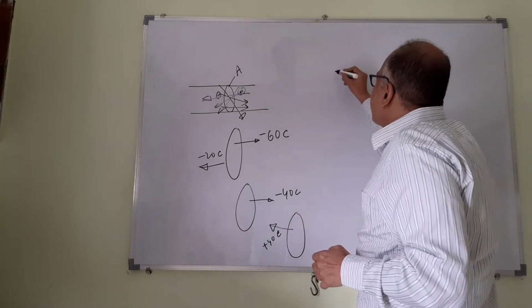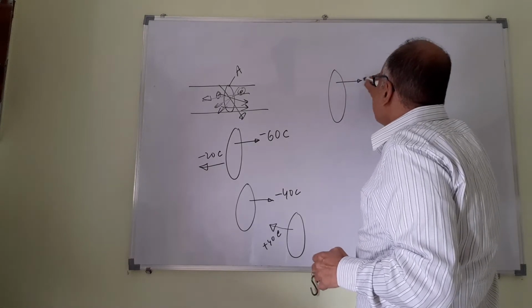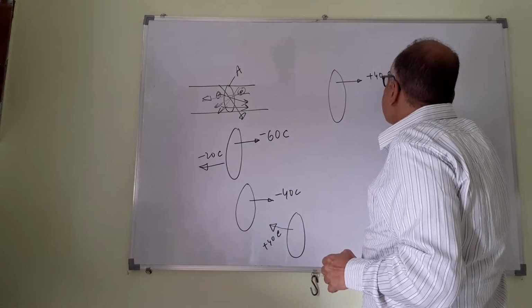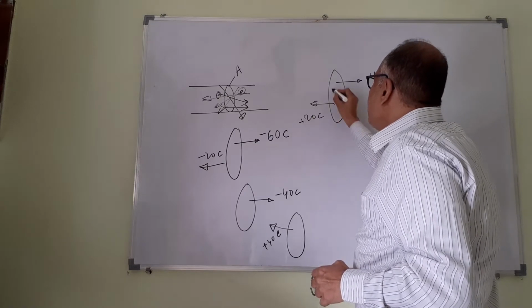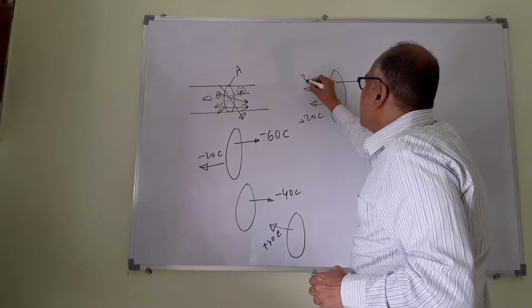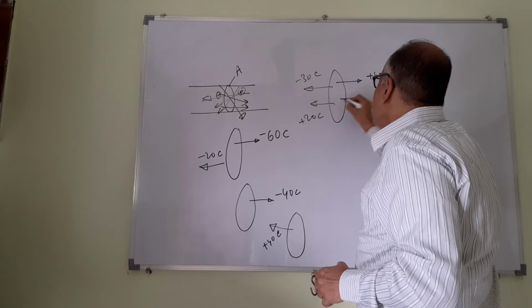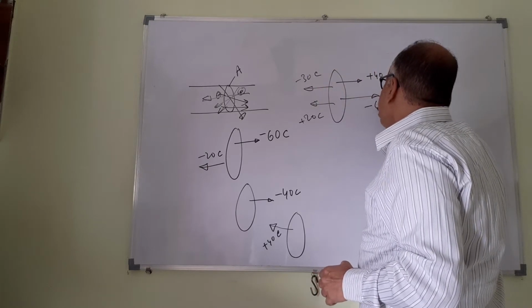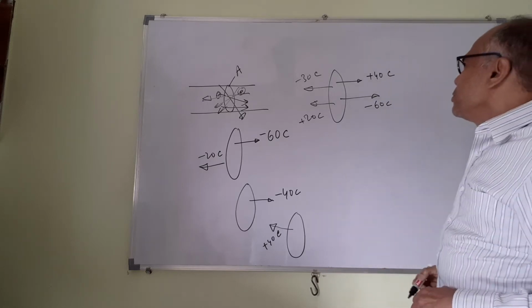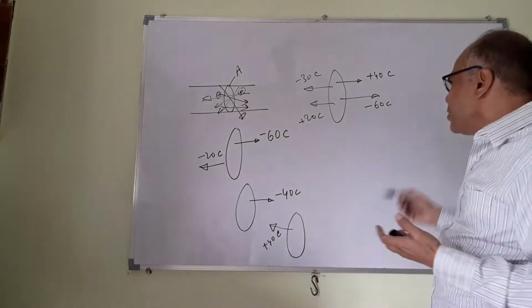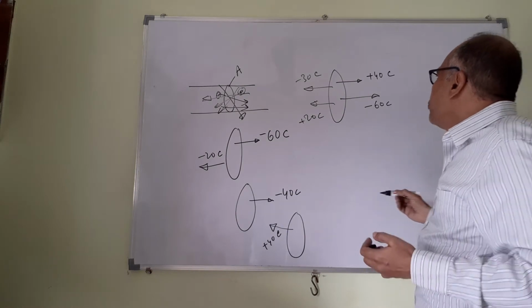Let us say there is plus 40 coulombs this way, plus 20 coulombs this way, minus 30 coulombs this way, and let us say there is minus 60 coulombs this way. We want to know the direction of the current in a particular time this has flown. So how do we do that?